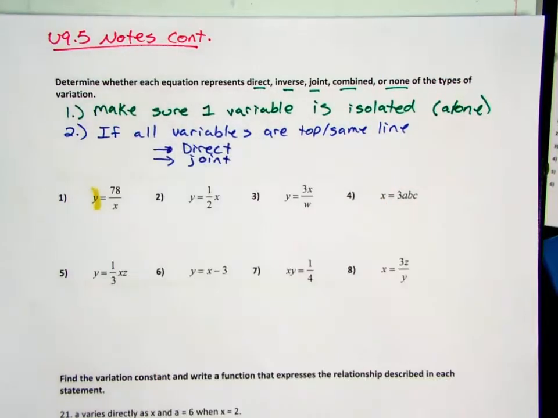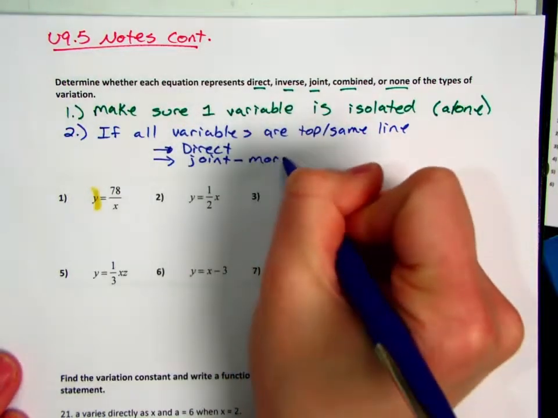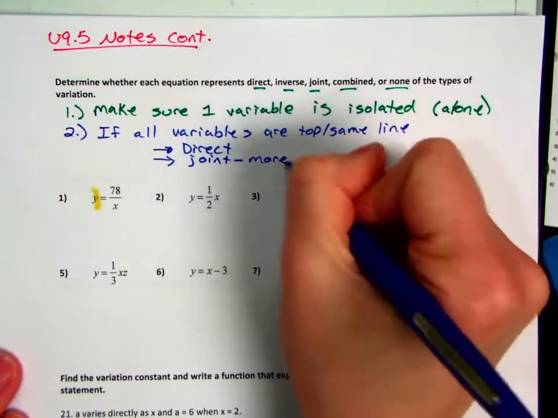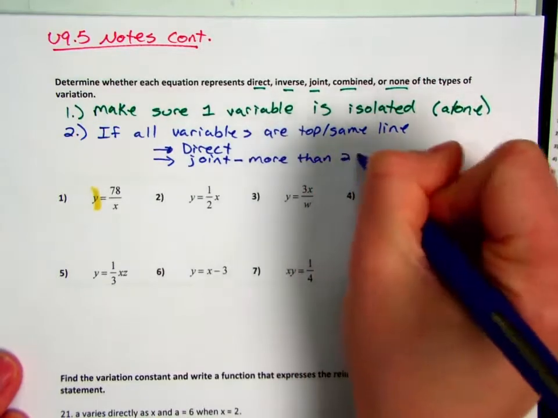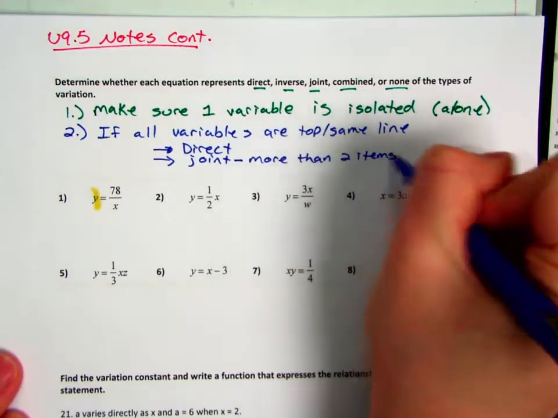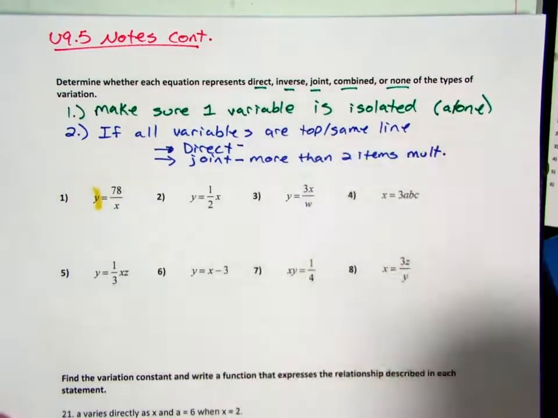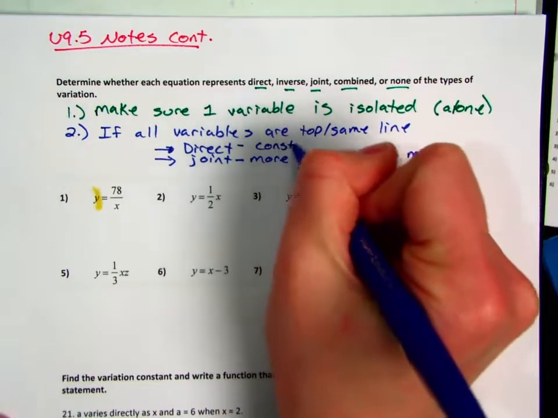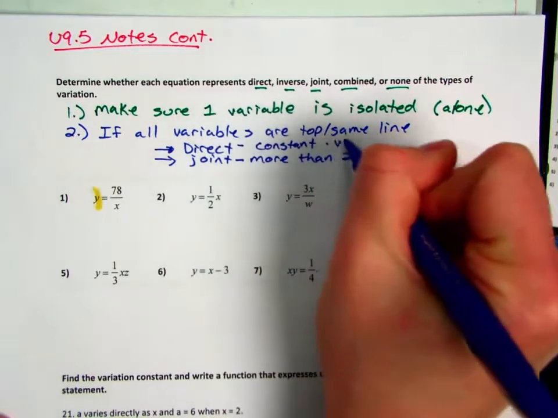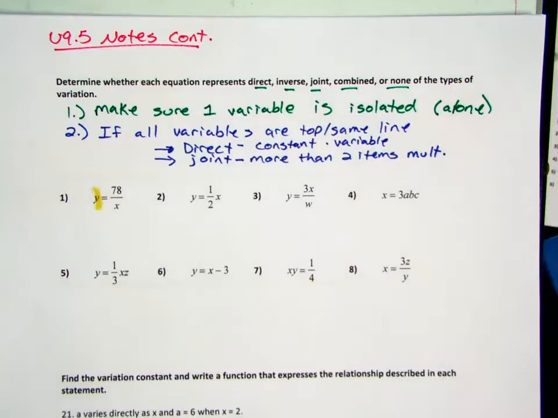And remember, when we were talking about joint variation, there had to be more than 2 items multiplied together. Whereas when we talk about direct variation, it's really just the constant times the variable. So there would be only one of those variables combined with the constant.